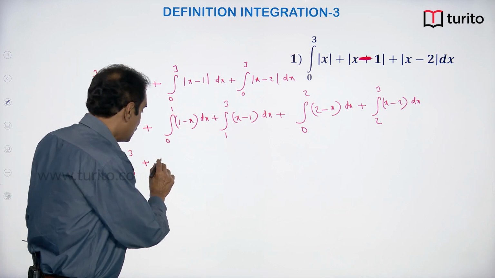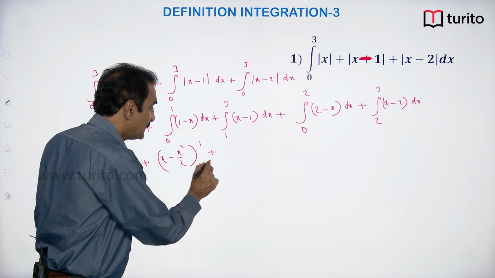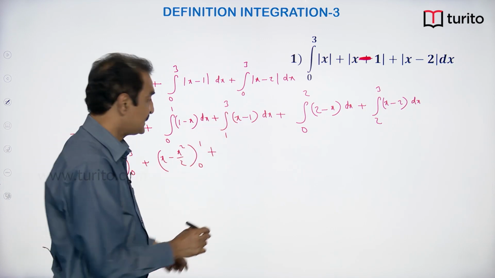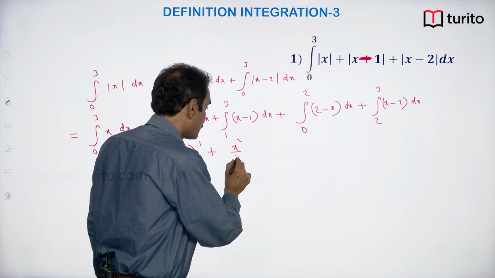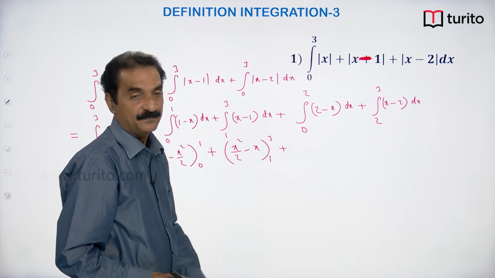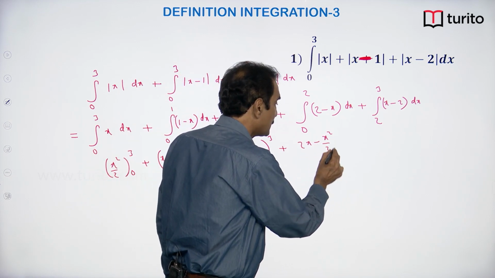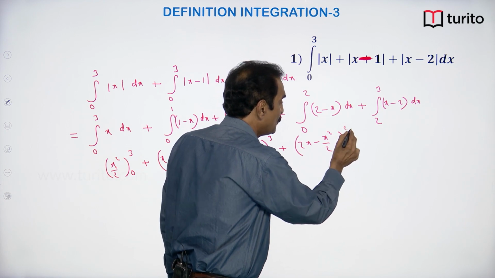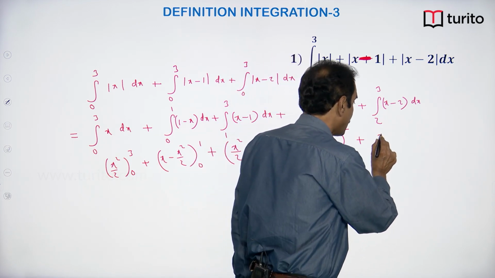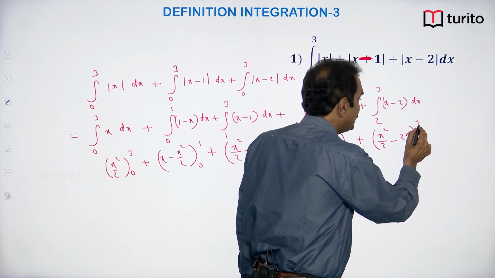Integral 1 minus x is x minus x square by 2 between limits 0 and 1, plus x square by 2 minus x between limits 1 and 3, plus 2x minus x square by 2 between limits 0 and 2, plus x square by 2 minus 2x between limits 2 and 3.